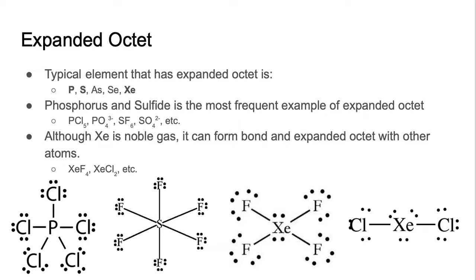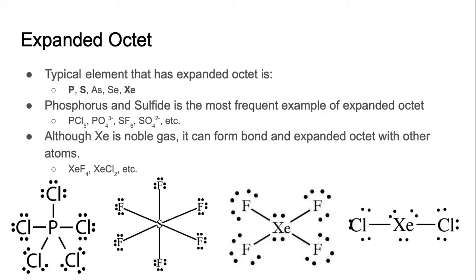So xenon reacts generally with halogens to form structures such as XeF4 and XeCl2. You're able to observe that xenon forms an expanded octet of more than 8 electrons. This one has 12 electrons, and this one has 10 electrons around the shell.